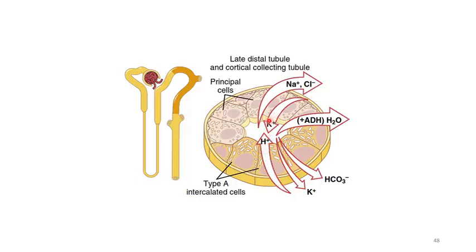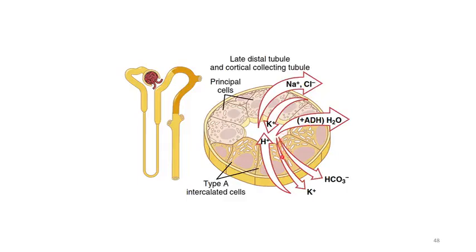Secretion of potassium occurs by principal cells, which pair sodium chloride reabsorption with potassium secretion, and also the type A intercalated cells pair secretion of proton with reabsorption of bicarbonate. Also, the principal cells play a role in reabsorption of water by the effect of ADH or antidiuretic hormone.